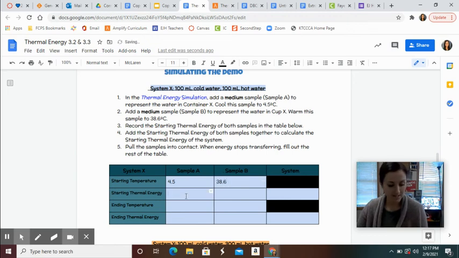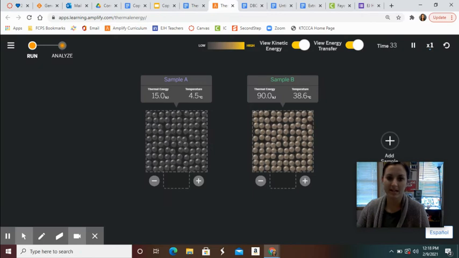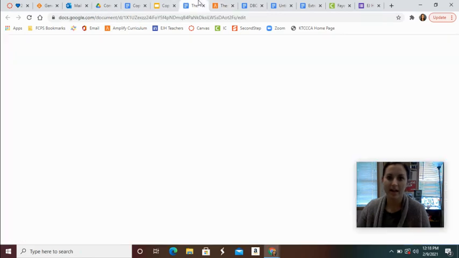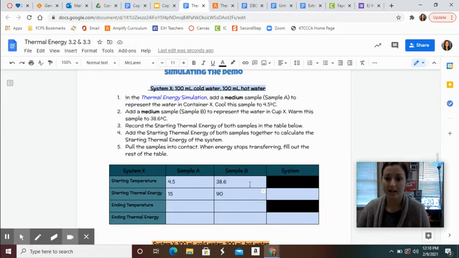And then 15 and 90. I got those numbers all from right here. So 15, 90. And then the one tricky thing is there is a column for system. And that just means the total amount of energy. So 15 plus 90, which is 105.